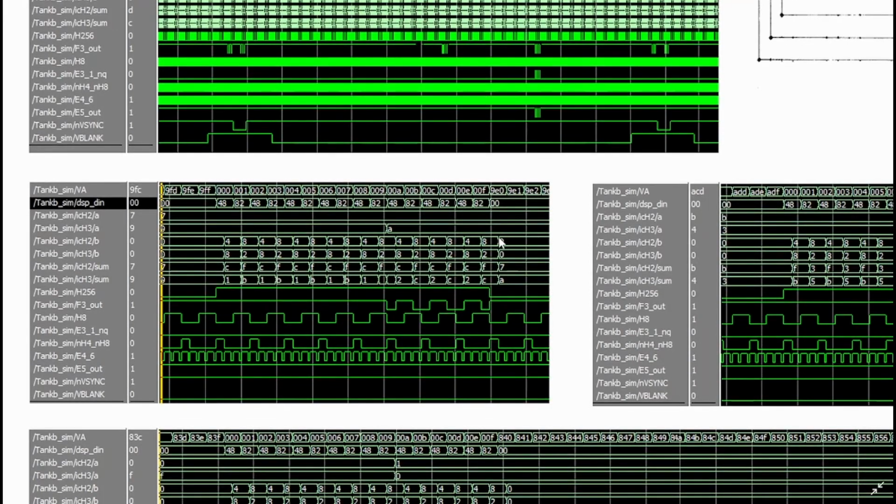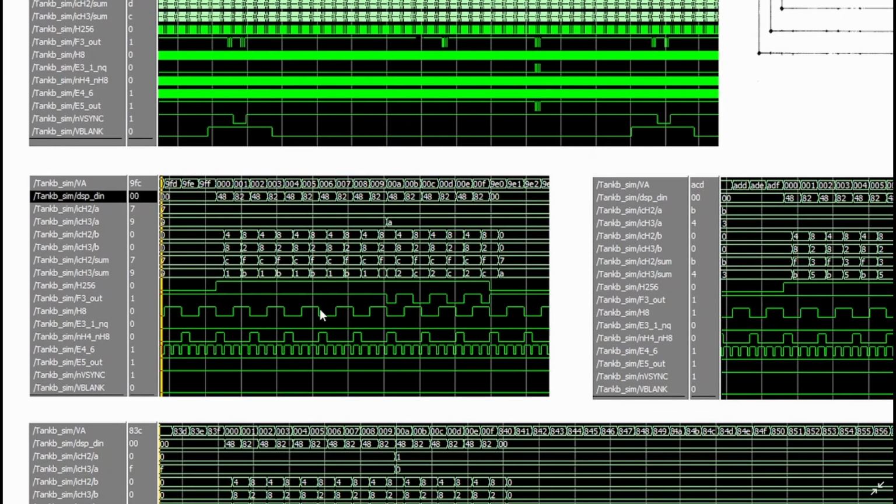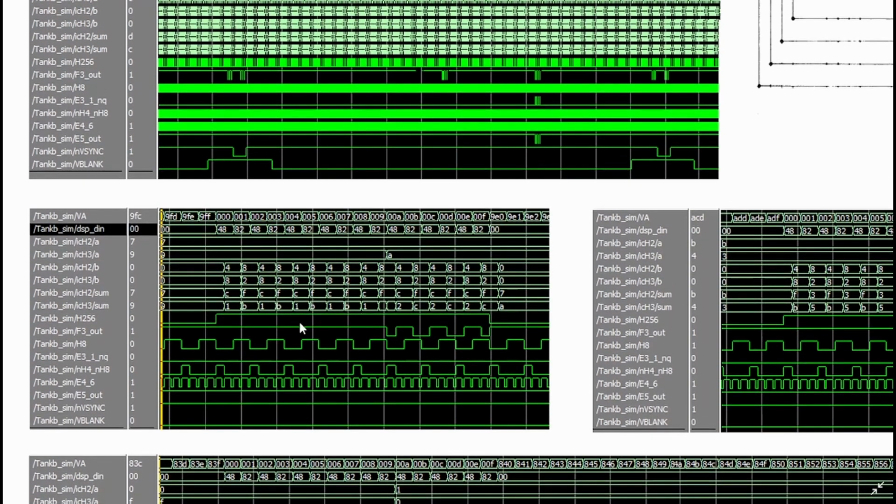Now if we take a closer look in this diagram, we have the bullet loading here during the H blank. So 256H is the H blank, and we're loading the bullet horizontal and vertical offset 8 times, as we said. So horizontal and vertical offset, and we do that 8 times.